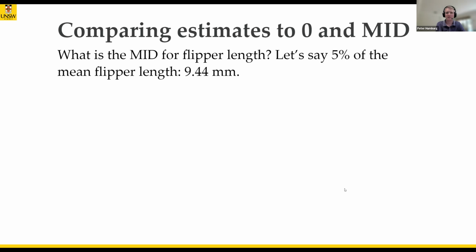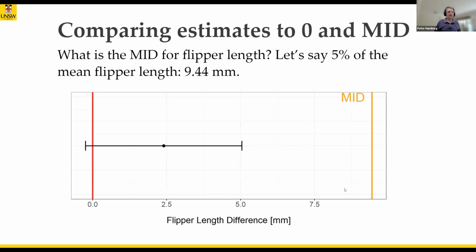And so now we have a number we can work with, right? So now we have something that we can compare the difference we observe to. And in this case, it seems pretty clear that a difference of 9.44 millimeters is rather larger than the difference we observed, right? And so that's something, right?